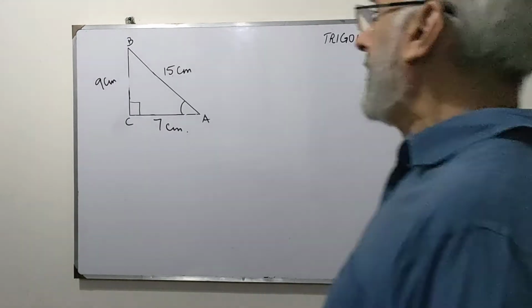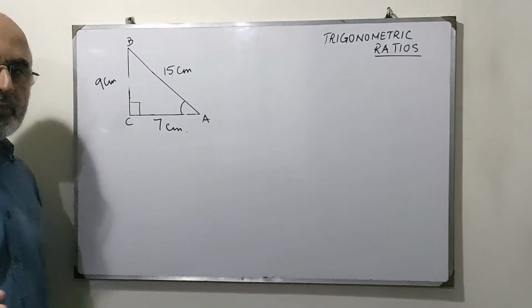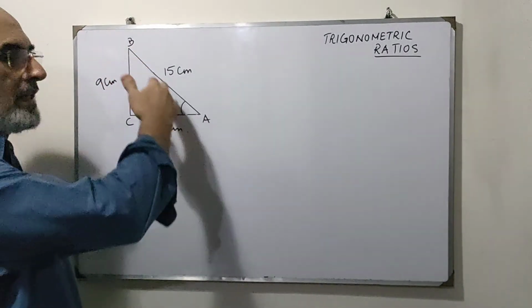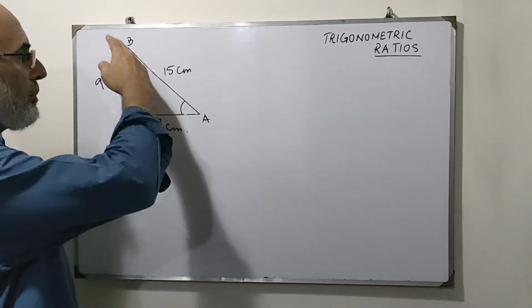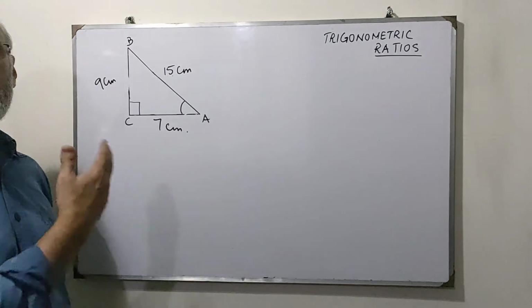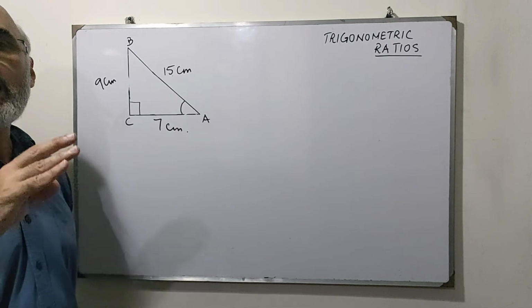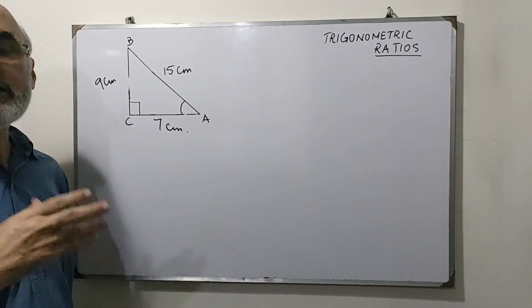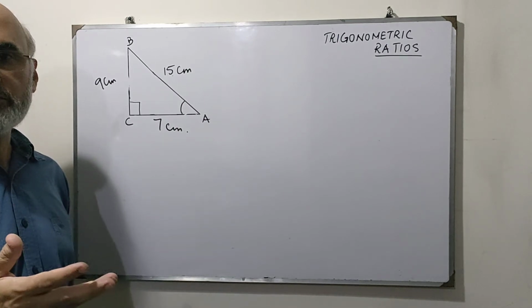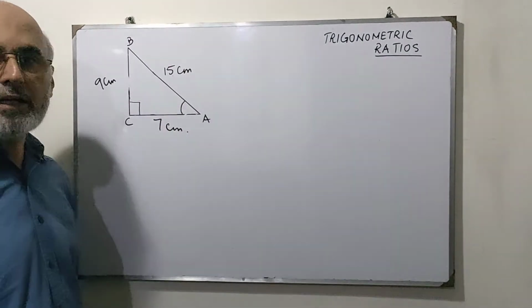The triangle is the same, but now I have the length of each side. Hypotenuse is 15 centimeter, perpendicular is 9 centimeter, and the base is 7 centimeter. Now, how to represent each ratio with reference to this angle A?